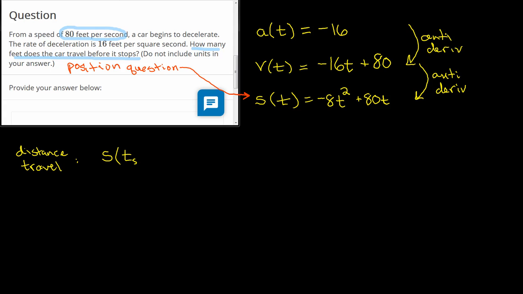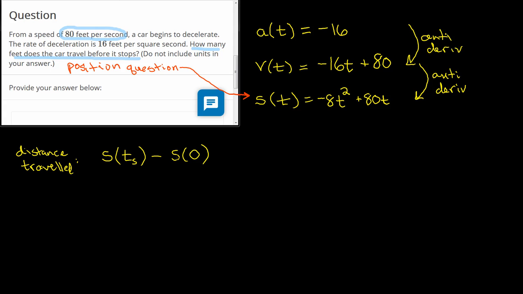So I'll call that ts, so the s stands for stop, minus where the car was when it started, at time 0. So the car hit the Jell-O at time 0, and after a certain number of seconds, it's going to stop. And we want to find the distance traveled by the car, which is going to be the difference between those two positions.